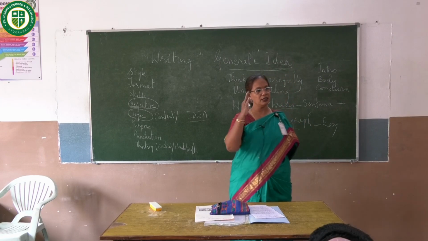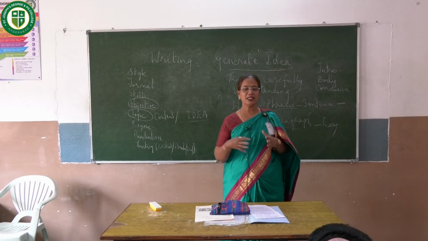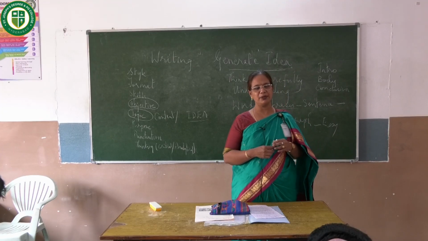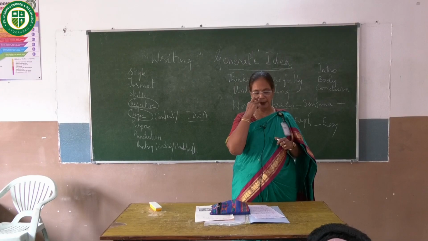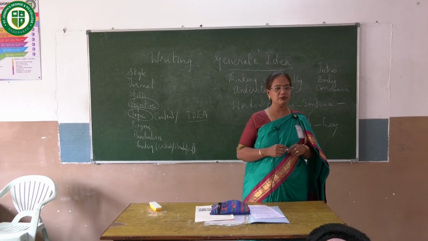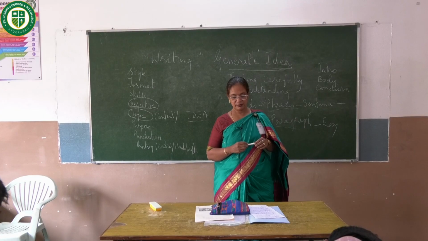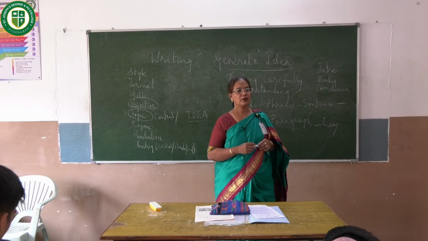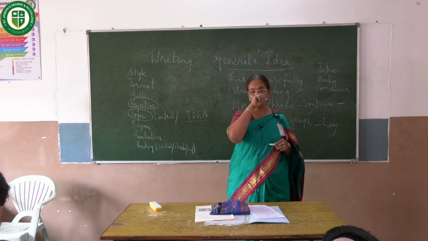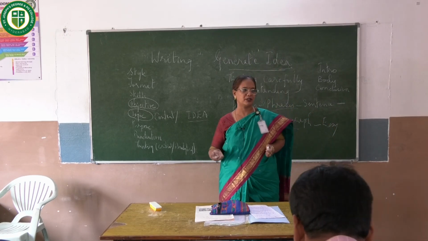Okay, the third step that you are doing is you are going to gather the information. The third step is gathering information. Now, while you are gathering information, if it's for your research paper, what goes into it?